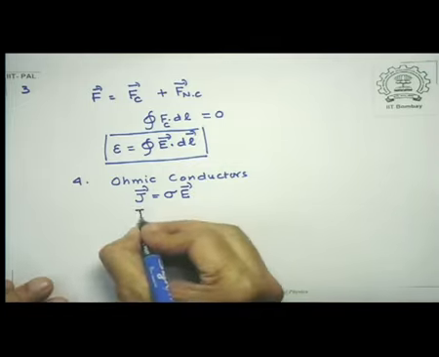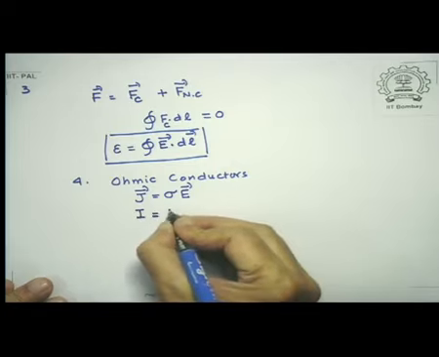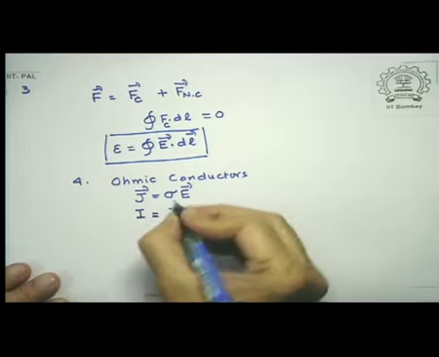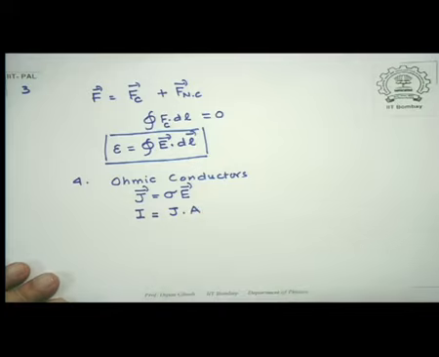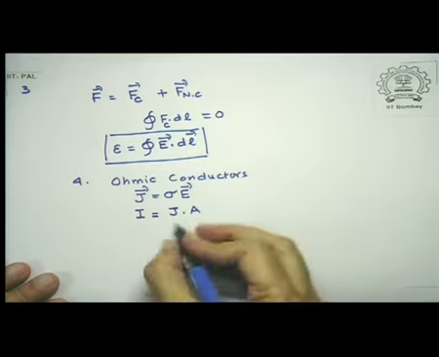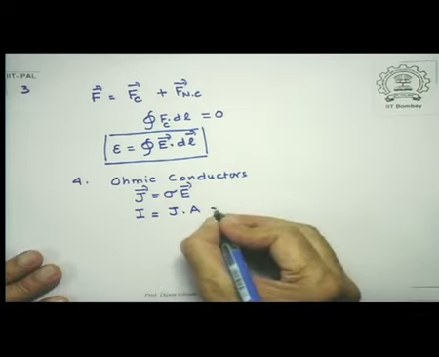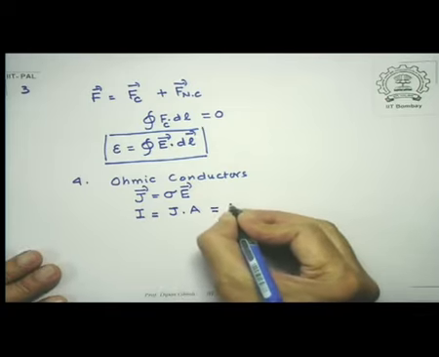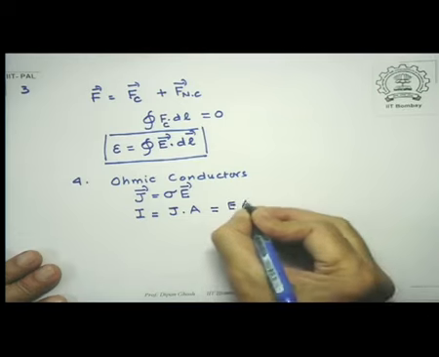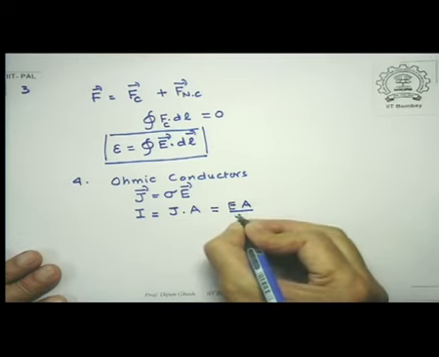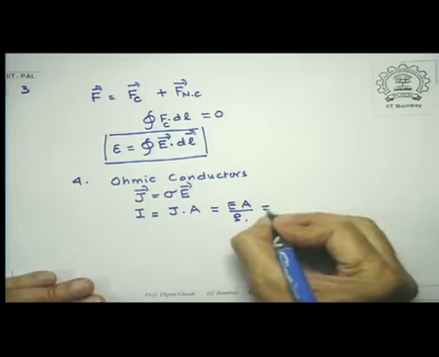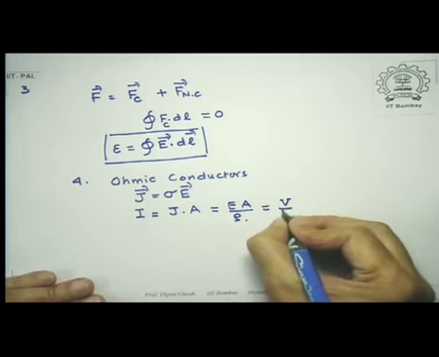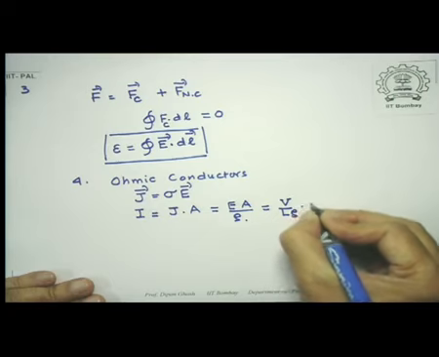The current itself, which is J dot A, where A is the area vector and J is the current density, is given by E A by rho, and that's equal to V by L, which is the electric field, times A by rho.